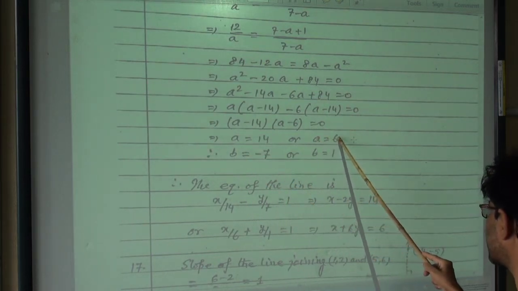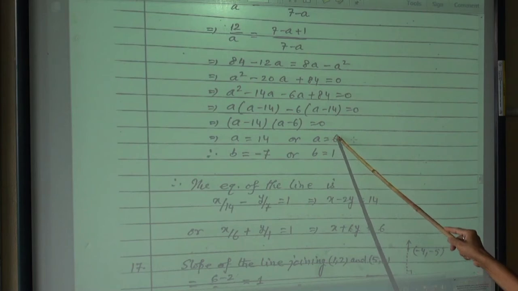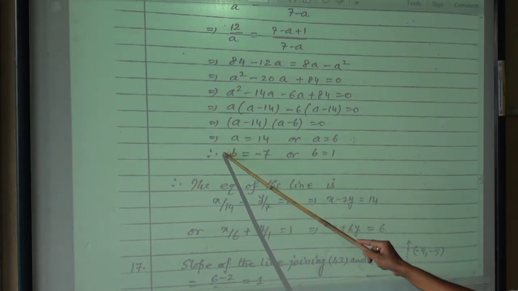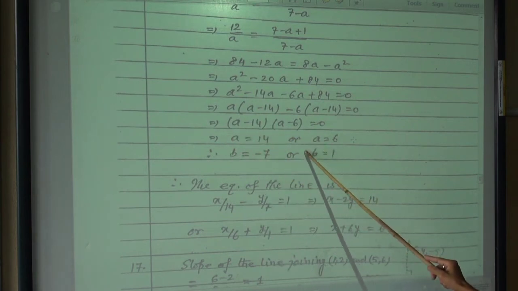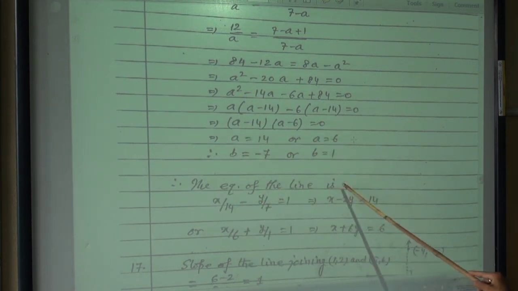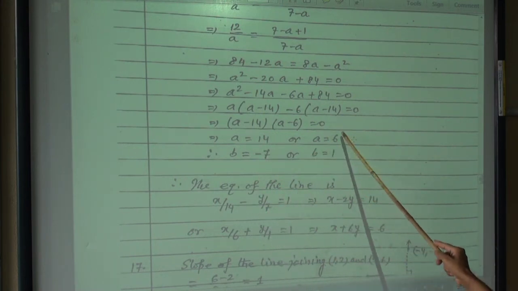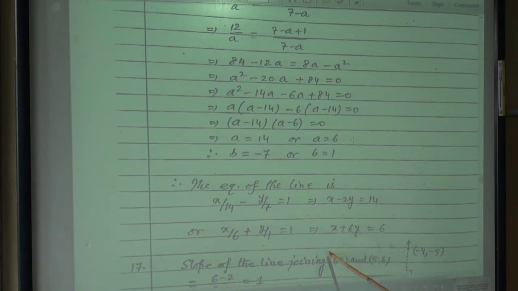When a is 6, b has to be 1, then only the sum will be 7. Here also the sum is 7. So one set of values is this one, other set of values is this one. So the equation of the line is x by 14 minus y by 7 equal to 1, and for this set it will be x by 6 plus y by 1 equal to 1. If you want, you can simplify this also.